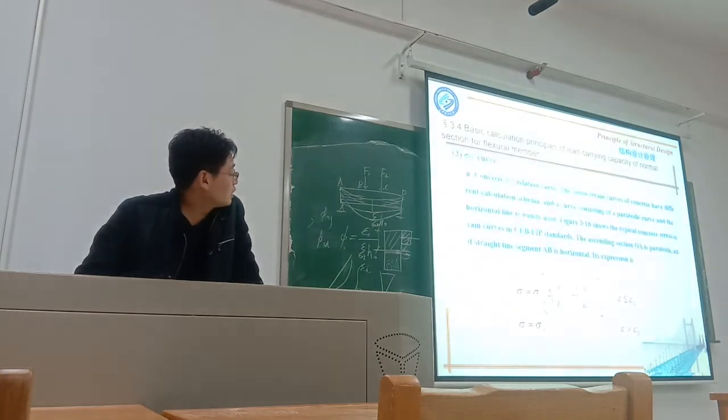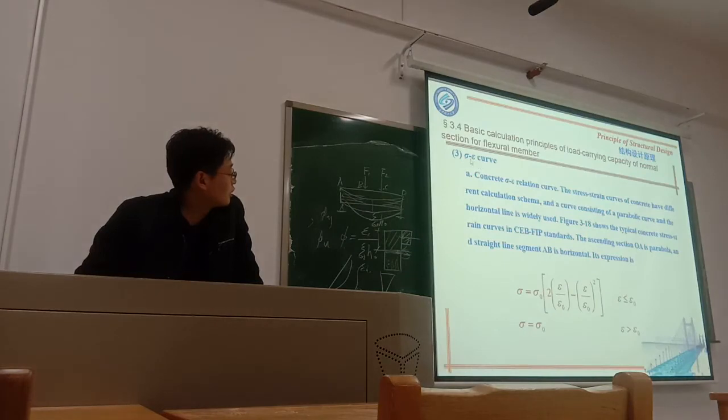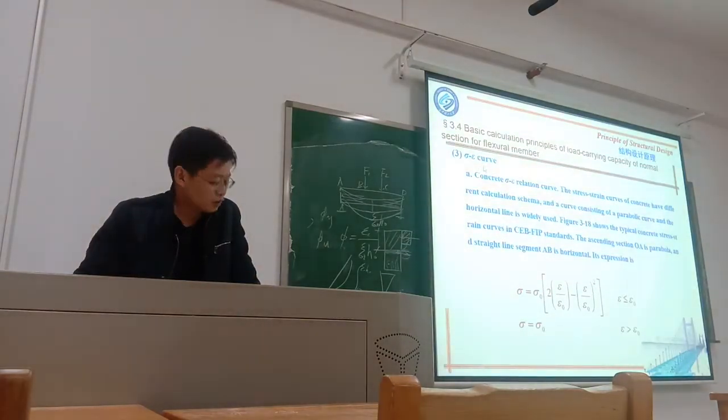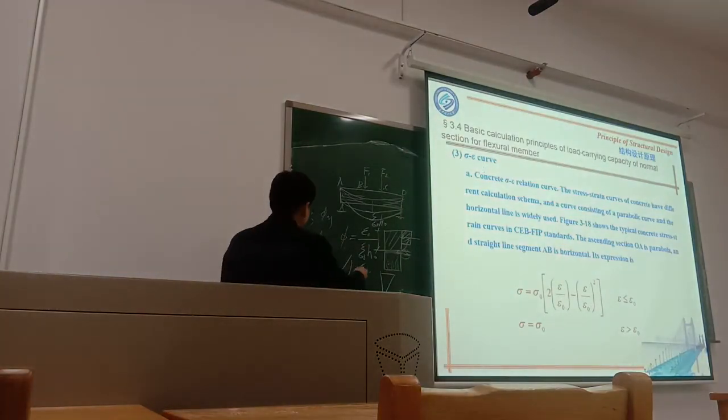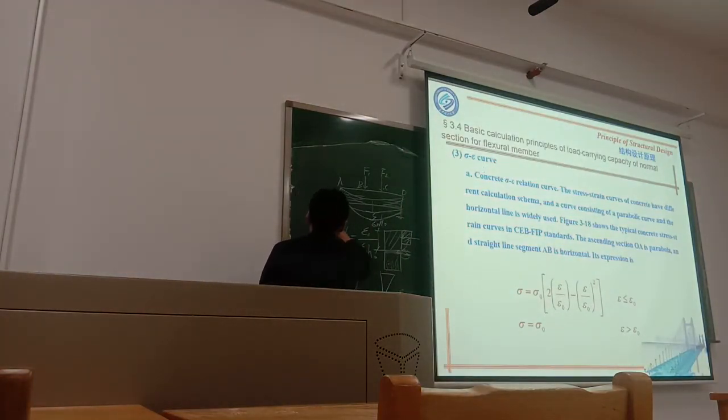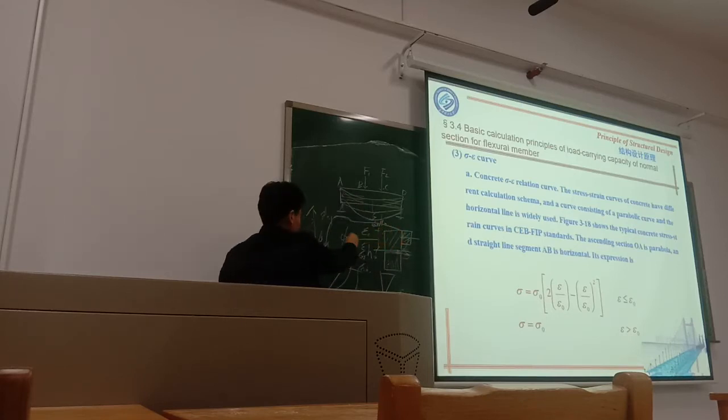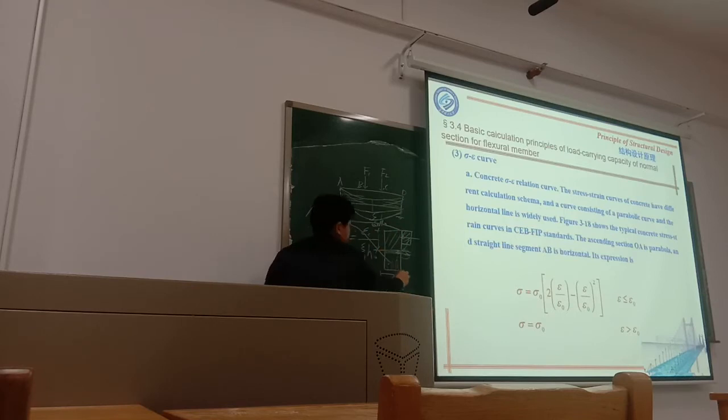And the third part is the simplification of the sigma-epsilon curve. For the real situation, the sigma-epsilon curve of the steel is like this, and for the concrete it is something like this.